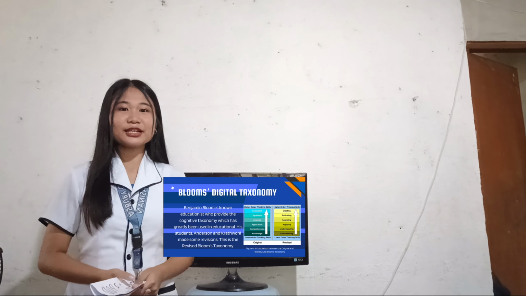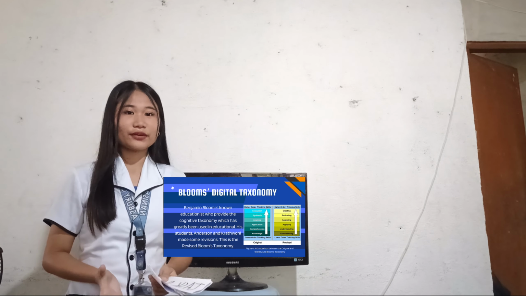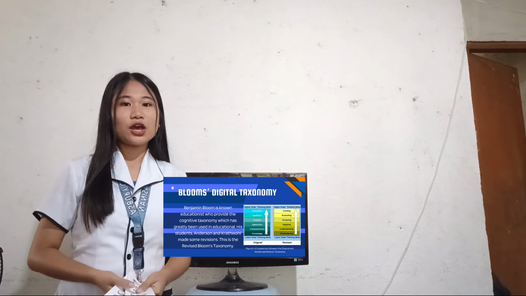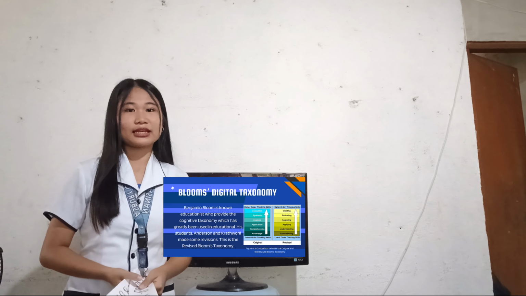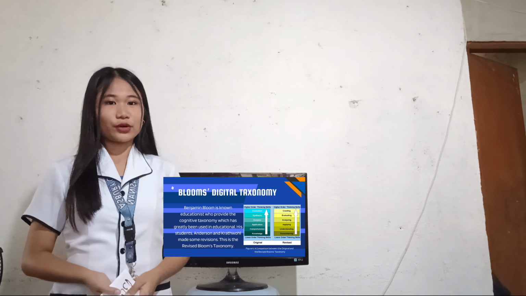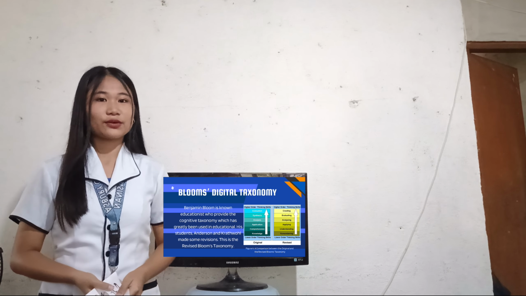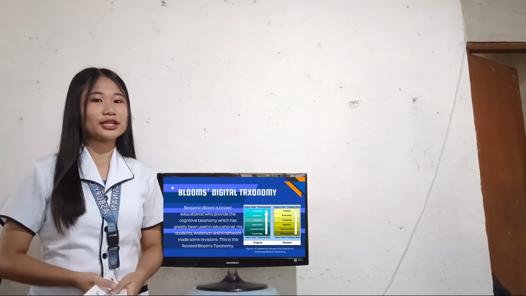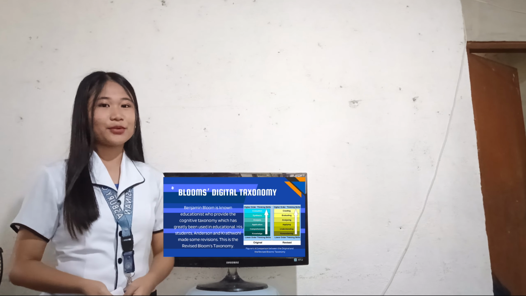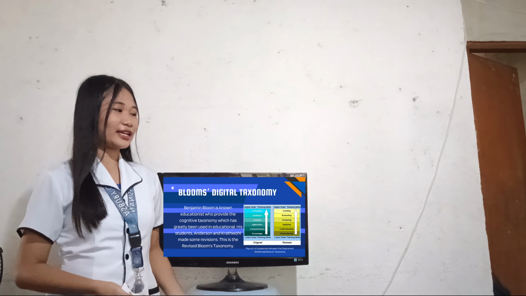So Benjamin Bloom is known as the educationalist who provided the cognitive taxonomy, which has greatly been used in education. His students Anderson and Krathwohl made some revision of it. So this is the revised Bloom's taxonomy. Figure 4 shows the comparison between the original and the revised taxonomy.